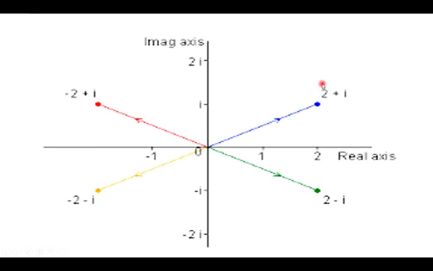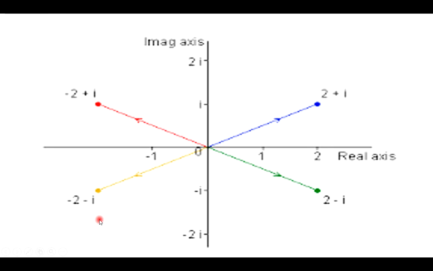Then we have another complex number, minus 2 plus iota, and we can clearly see that the real part is negative and the imaginary part is positive, so we will plot it in the second quadrant.